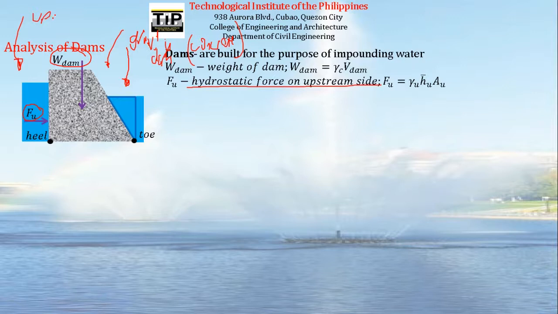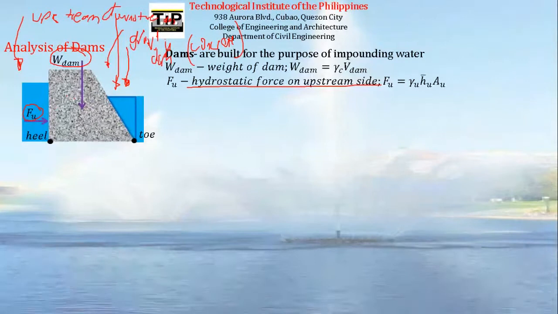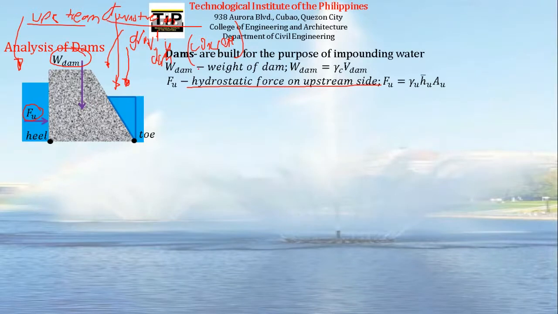This is the upstream, in which the heel is present, and then on the other side we have the downstream. So when the water is released, it goes from here to here. That's why this is the upstream and this is the downstream. On the downstream, the toe is located.